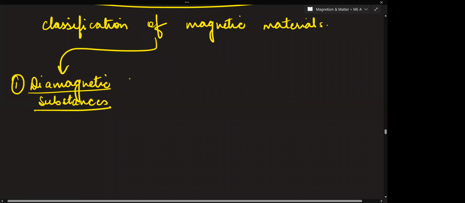Diamagnetic substances. So these are those substances that develop feeble magnetization. Feeble magnetization means very, very weak magnetization, light magnetization. In which direction? In opposite direction.